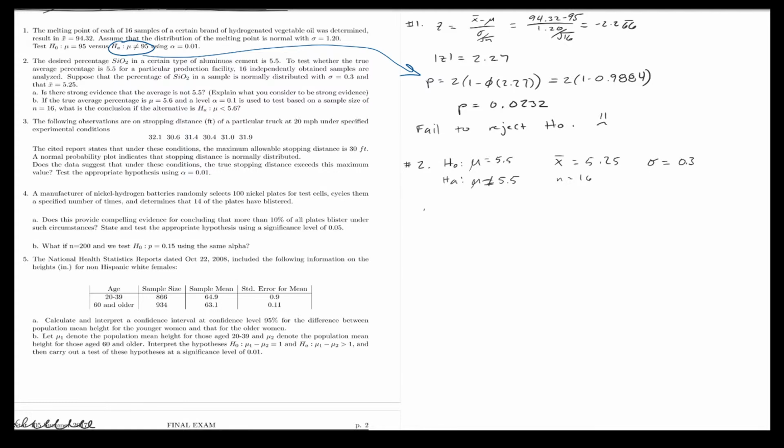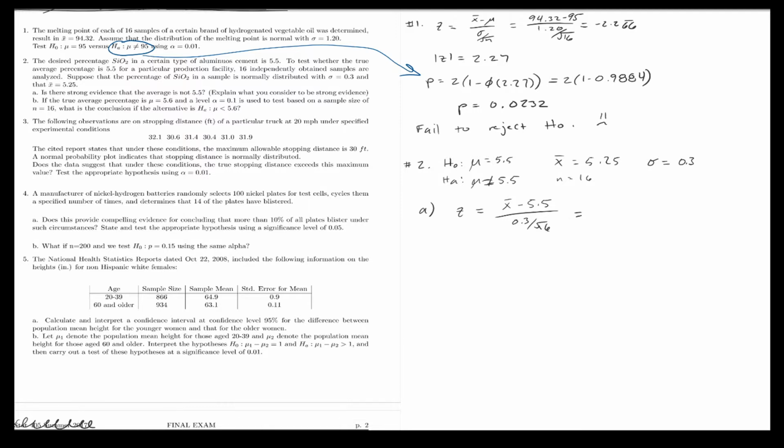So part A here, if I calculate a test statistic z in this case, because it's normal and I know sigma, I calculate x bar minus 5.5 over 0.3 over square root of 16.